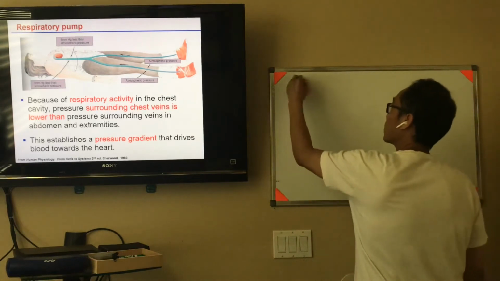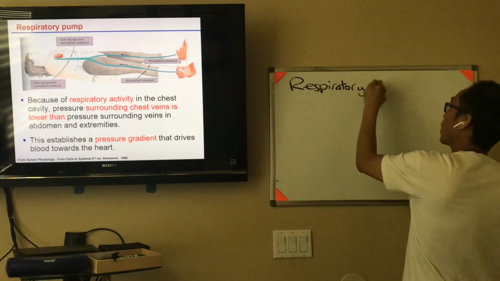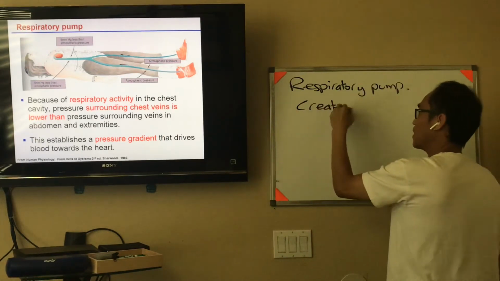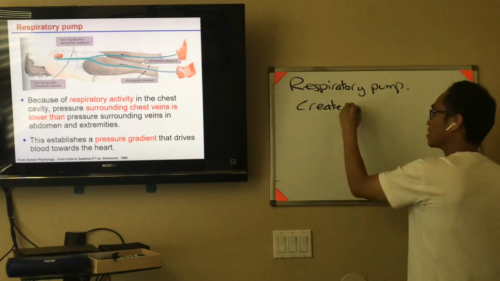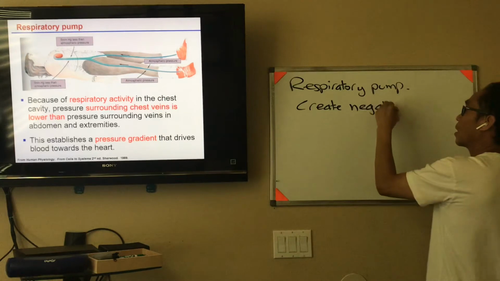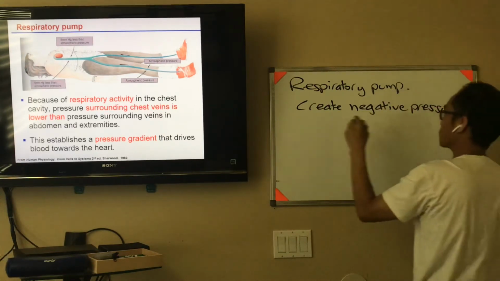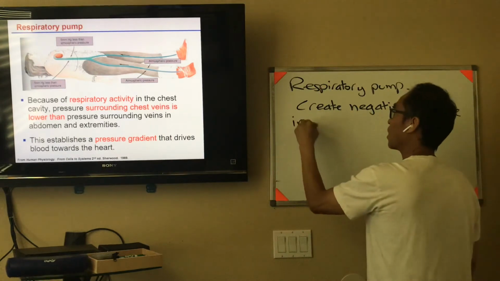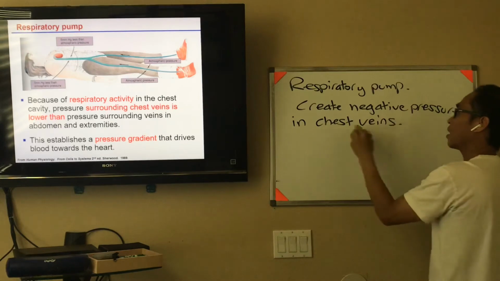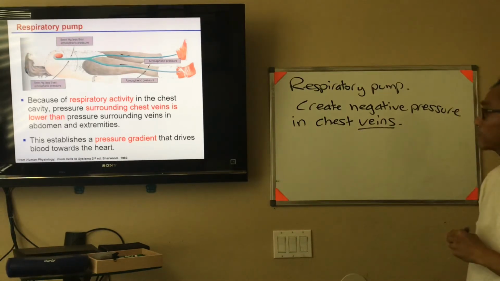Respiratory pump. Create negative pressure in chest veins by breathing in. We breathe by negative pressure. That helps create a gradient for blood to return to the heart, okay?